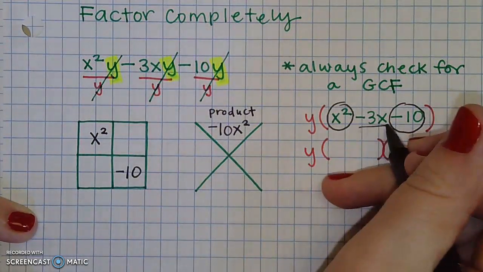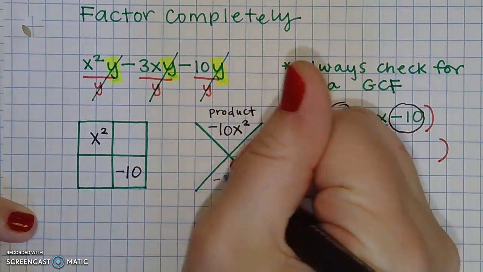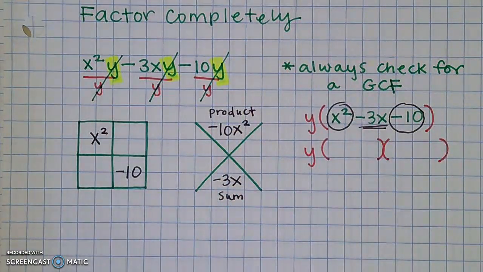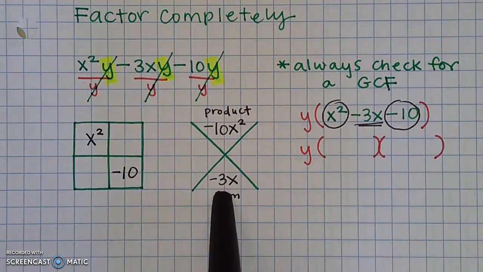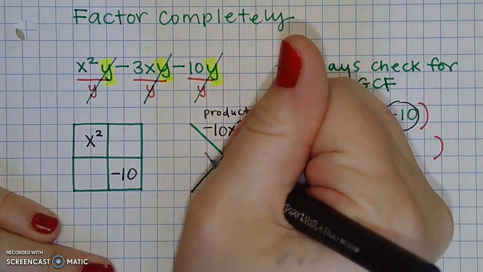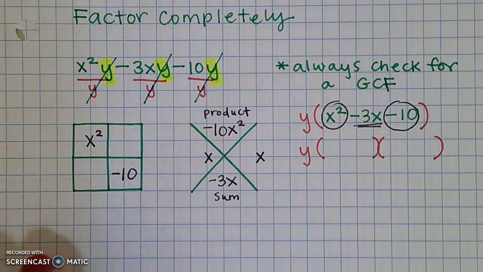What goes on the bottom is that middle term, negative 3x, and this represents the sum. And so we want to think of two factors that multiply to be negative 10x squared and add to be negative 3x. I know with the x squared, they will both have x's, and now we just got to figure out the numbers.